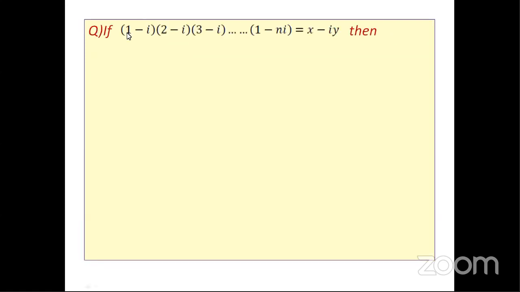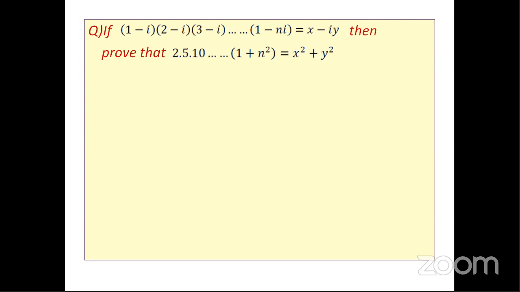If (1 − i)(2 − i)(3 − i) and so on till (1 − ni) is equal to x − iy, then prove that 2 into 5 into 10 and so on till (1 + n square) is equal to x square plus y square.